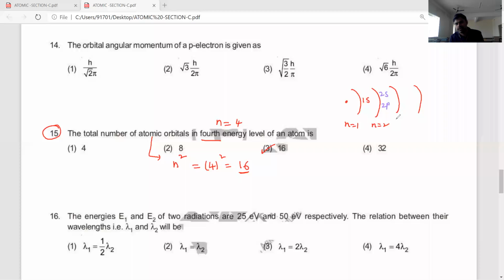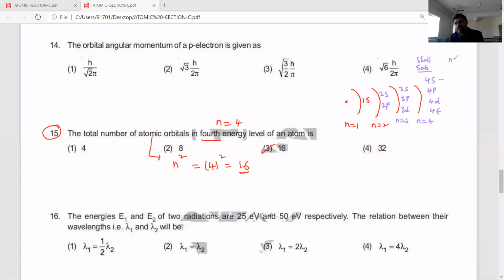N is equal to 3 contains 3s, 3p and 3d orbitals. N is equal to 4 contains 4s, 4p, 4d and 4f orbitals. These are the subshells. The number of subshells in the fourth shell is 4.